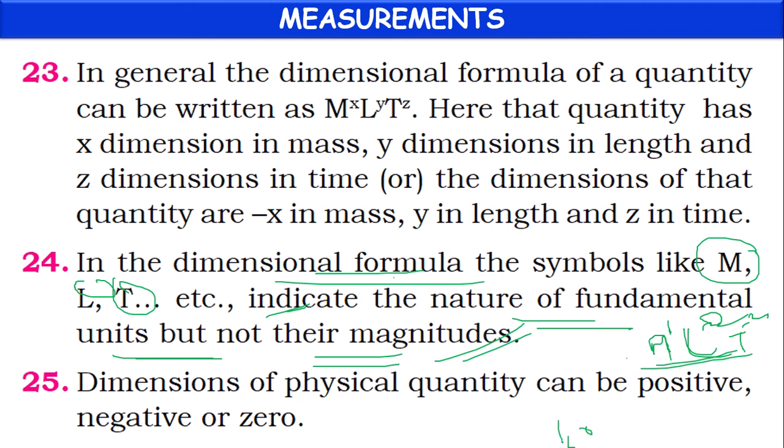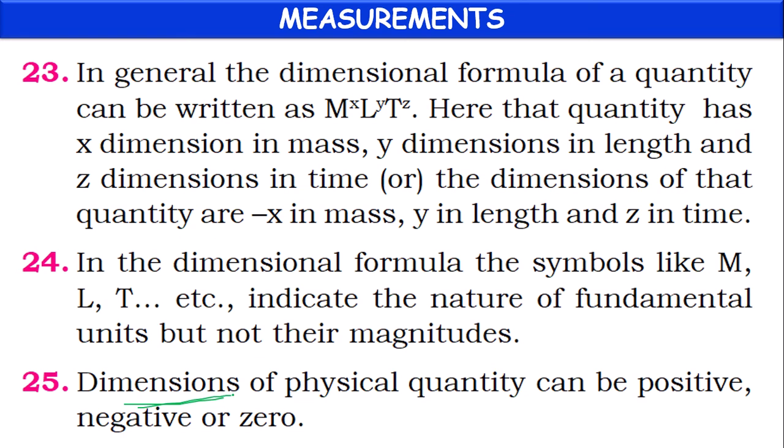But is it 10 kg or 20 kg? That we are not going to represent with the help of dimensions. So they represent only the nature but not the value. So dimensions of a physical quantity can be positive, can be negative, can be zero.